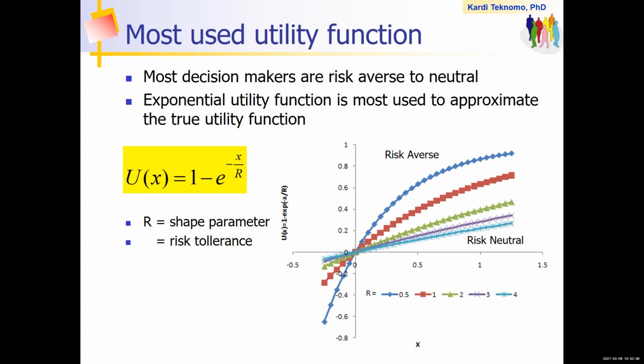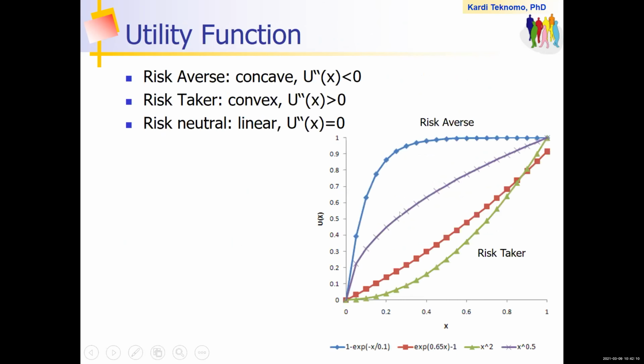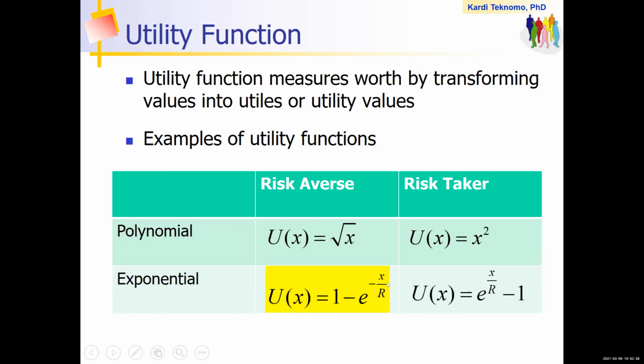In polynomial, you don't need any parameter. Utility is based on x. In exponential, your utility is based on x and a parameter r. Oh, I see. So the parameter r is the risk tolerance.